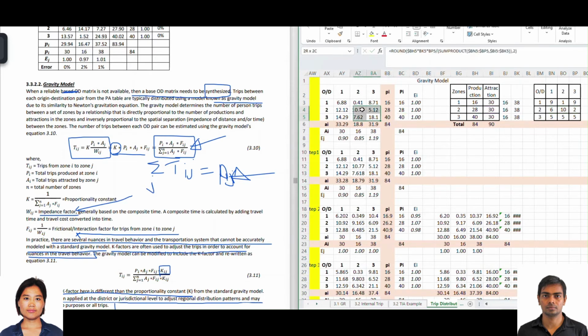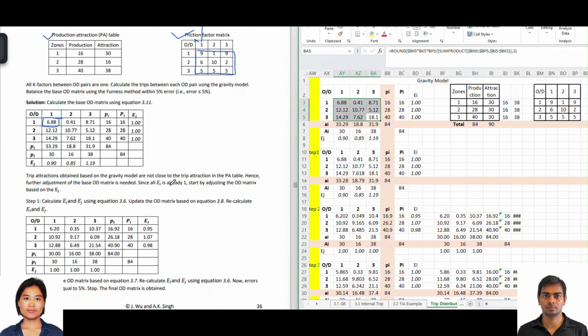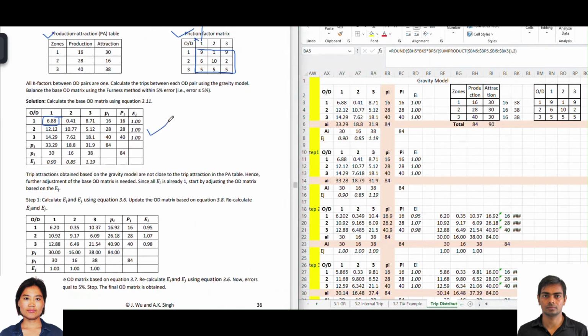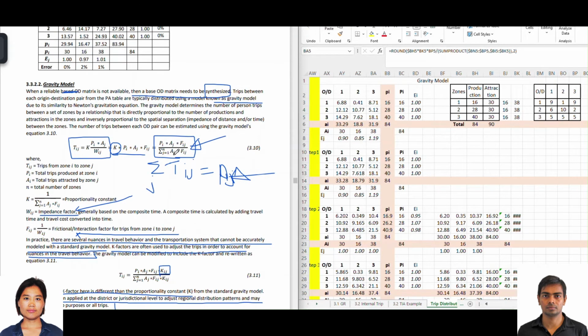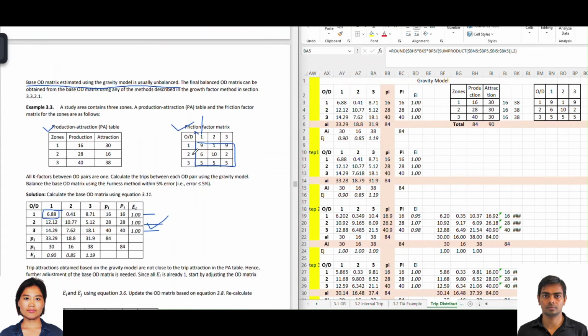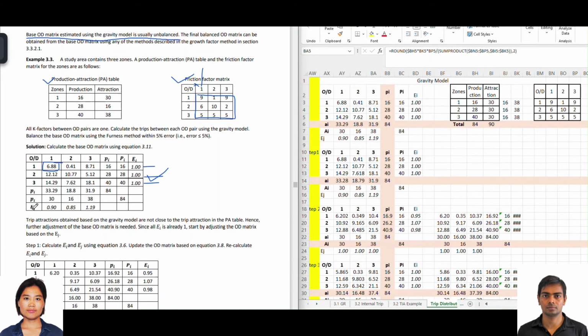After using the formula in Excel, we can calculate this first matrix. This is based on the gravity model. All the productions are already balanced because we are using the attractions to balance them out. Then we have unbalanced attractions, and we can use one of the four methods to balance them out.